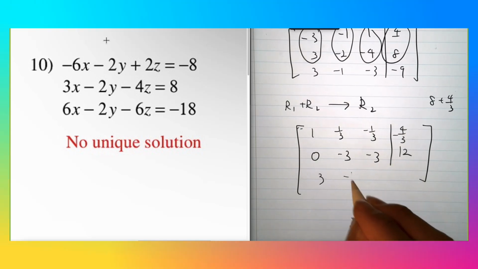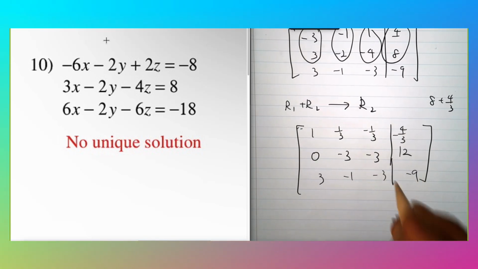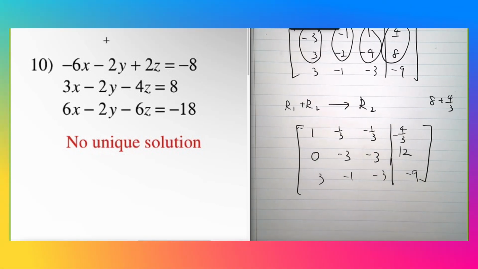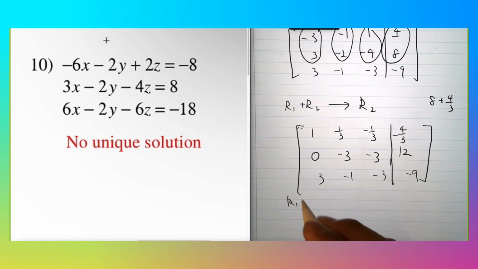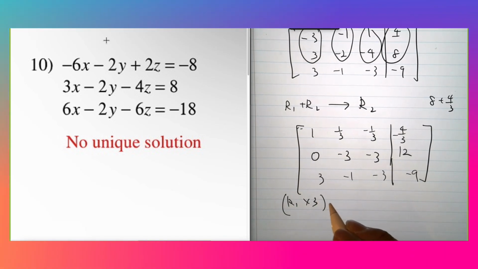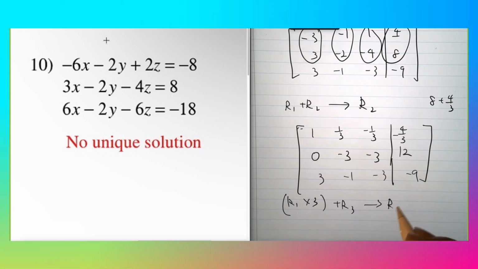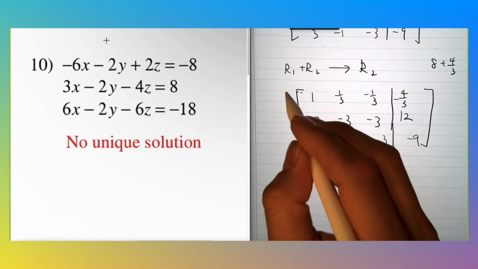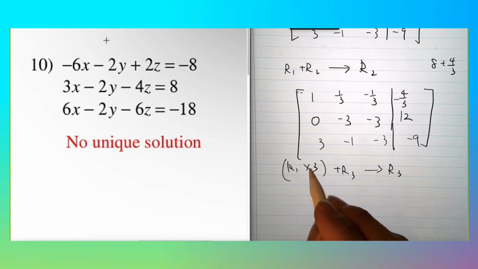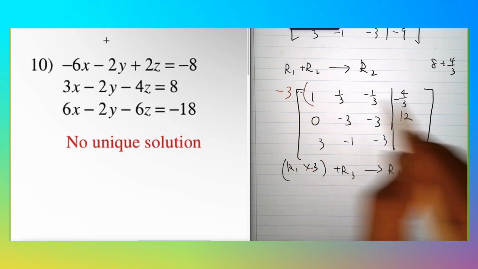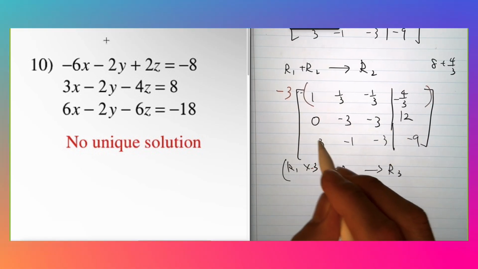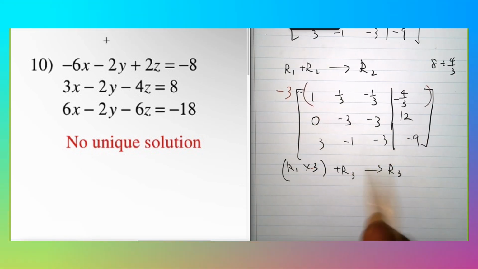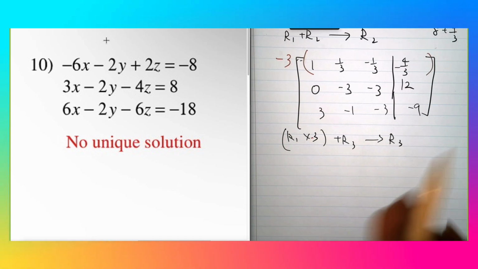And we have 3, negative 1, negative 3, negative 9. We multiply R1 by 3, and then the sum of that is going to combine with R3 and replace R3. So let's do it step by step. Multiply the top row by negative 3, so that the bottom left element will become 0 after you add these.